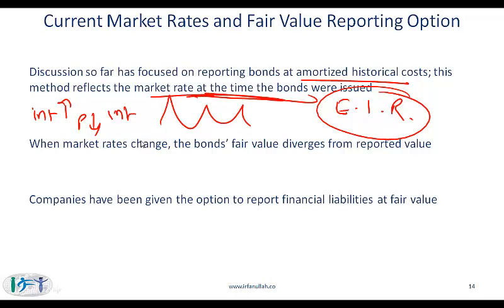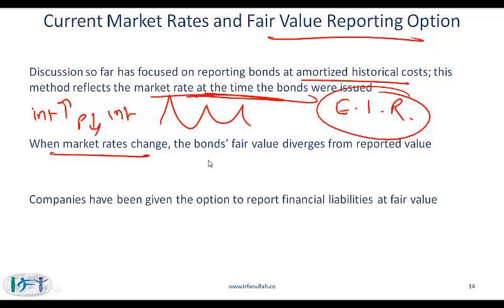What accounting standards have done recently is that they allow companies to mark to market and report at fair value. So this is called fair value reporting option, but most companies choose to show the bond, especially if it is held to maturity, at amortized cost. All right.